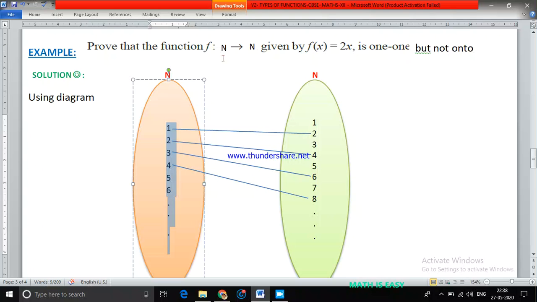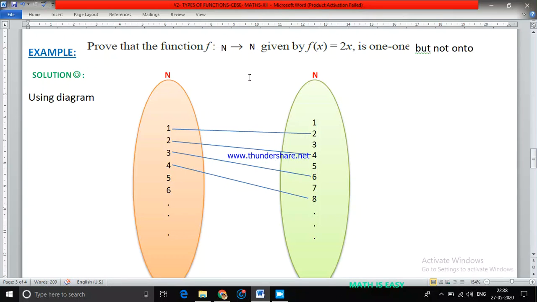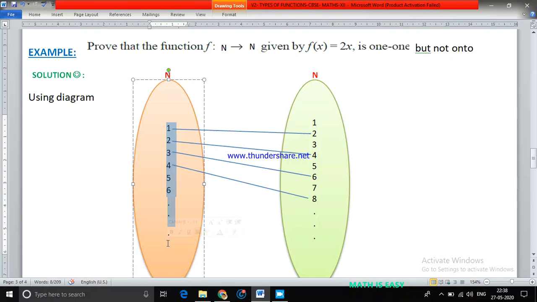That's why the function is defined from N to N. So 1 maps to 2, 2 maps to 4, 3 maps to 6, 4 maps to 8, 5 maps to 10, 6 maps to 12, and it continues. So every element of the first set has an image, and that image is unique. Am I right? That image is unique.